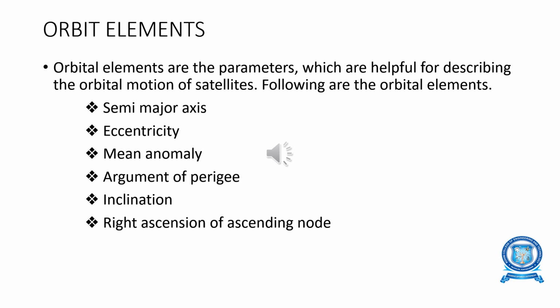Next, inclination. The angle between the orbital plane and the Earth's equatorial plane is known as inclination. Last, right ascension of the ascending node. It is the angle between the line of Aries and the ascending node towards the east in the equatorial plane. Aries is also called the vernal equinox.